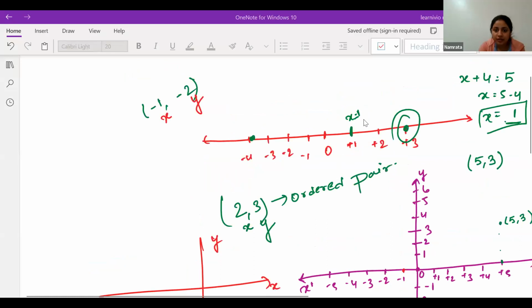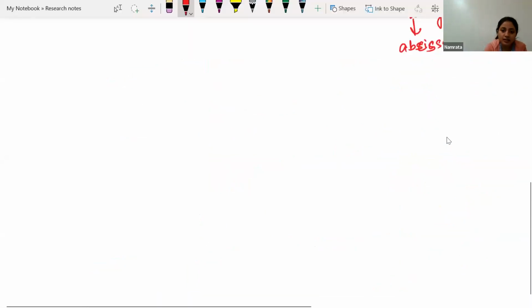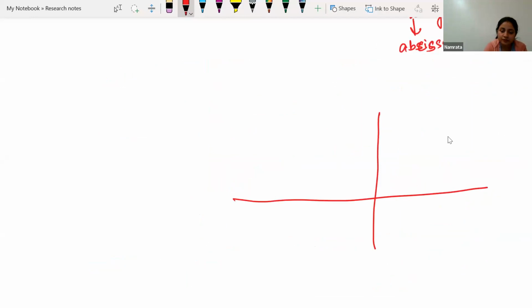So let's say we are having a coordinate axis like this. Here 0, positive 1, 2, 3, 4, it's positive only. Here minus 1, minus 2, minus 3, minus 4.